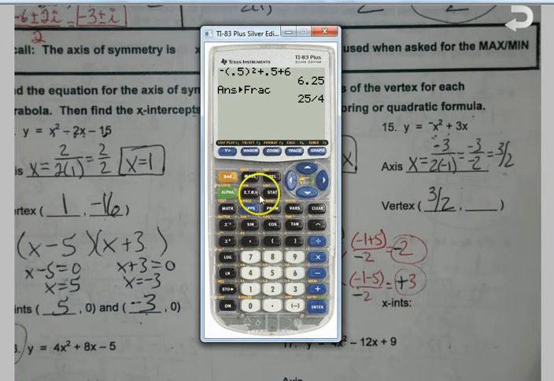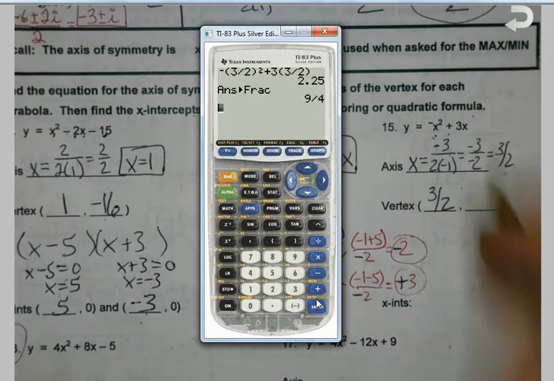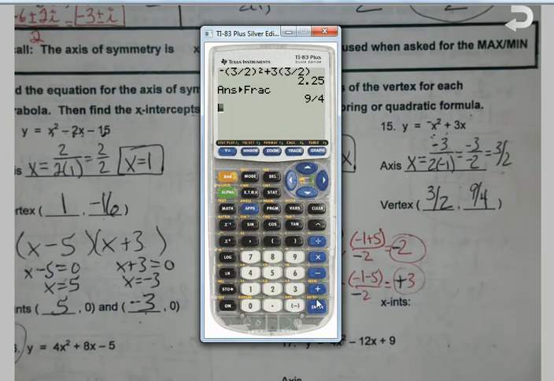Now that I'm slightly gun shy at this point, I am going to make sure I put this in carefully. Again, my negative is going to be outside my parentheses because that's the way it's written in my problem. Anytime you're going to use a fraction, make sure we use the parentheses too. And again, if you went decimal for your first part, 1.5, using the decimals is fine. Just try not to mix and match. 9/4.